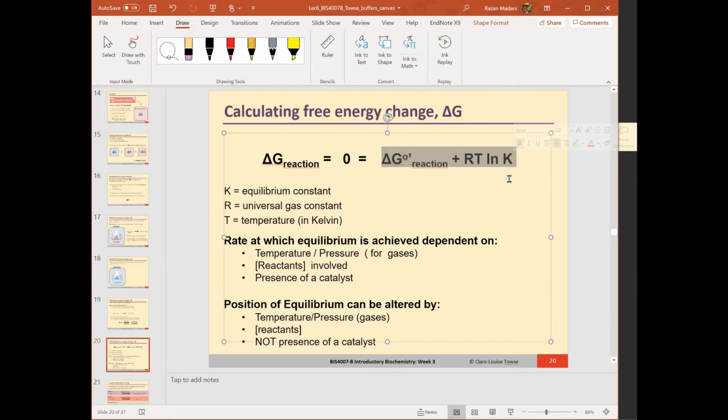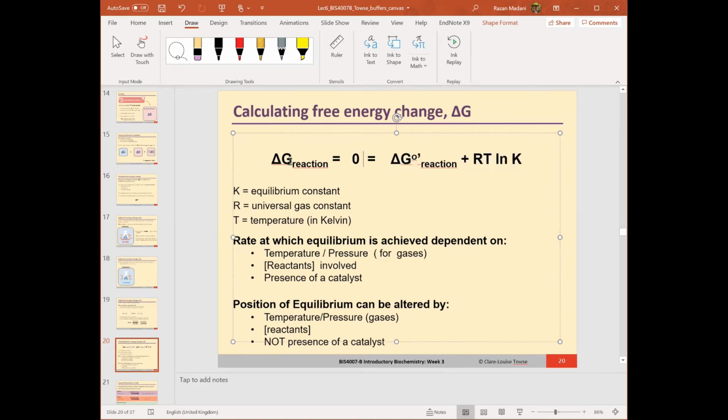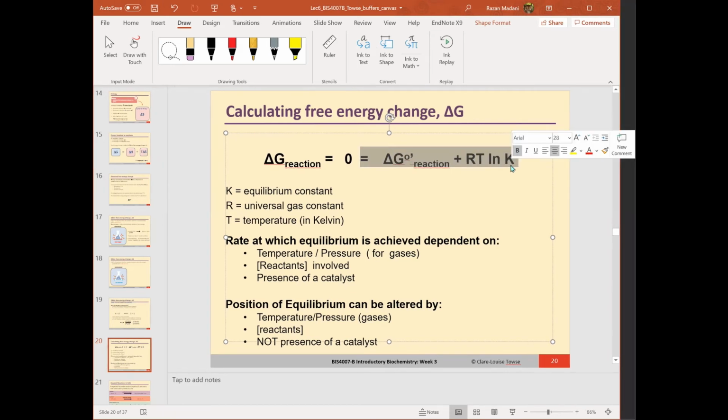It's like if A equals B and B equals C, then C is equal to A. It's like a triangle. Yeah, I get you. So this part here is saying if delta G equals 0, that means equilibrium. If it's equal to 0, that means it also equals this equation. So it's a new equation relating it to the equilibrium part. Okay.